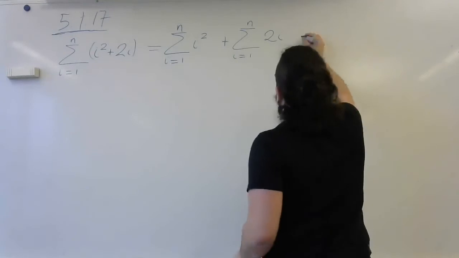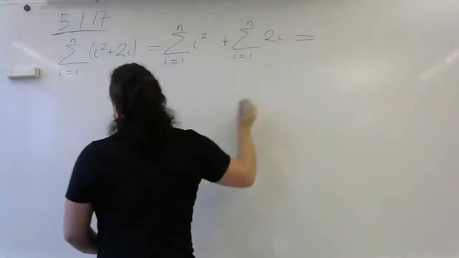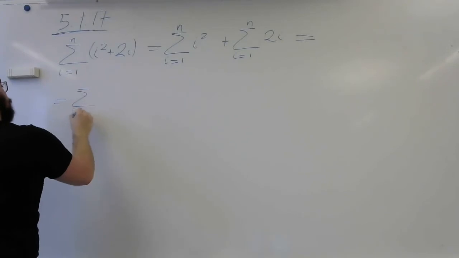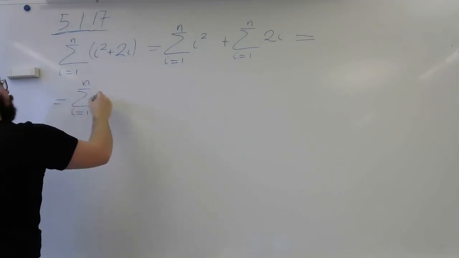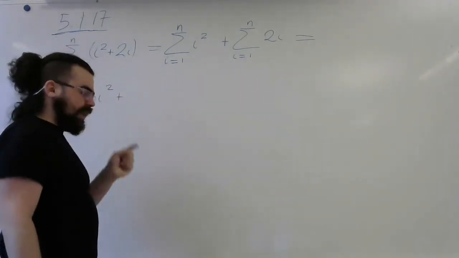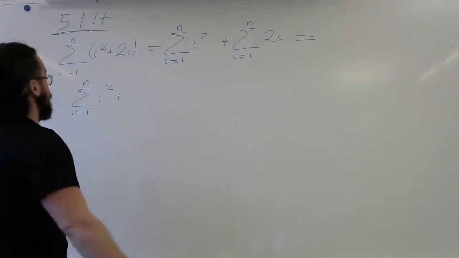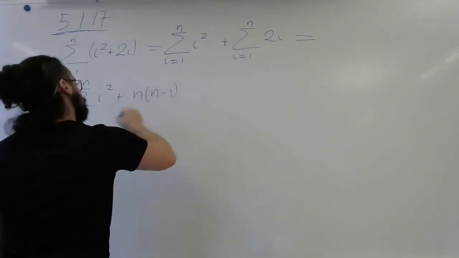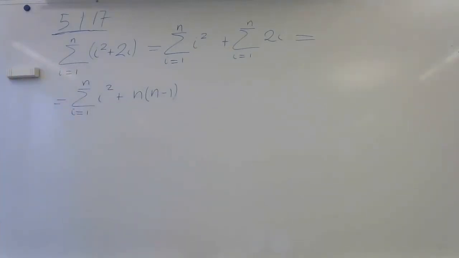This thing right here is twice the sum of all natural numbers up to n. So it's something like that.